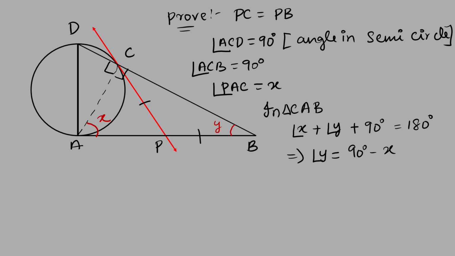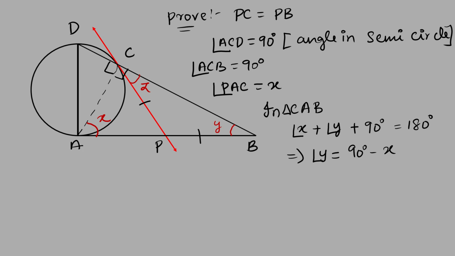Now we just need to make these two angles equal, that is angle Y is equal to this angle. Let me take that angle as Z. Okay, we just need to prove angle Y equal to angle Z, which ultimately makes the triangle PCB an isosceles triangle, and PC will be equal to PB.